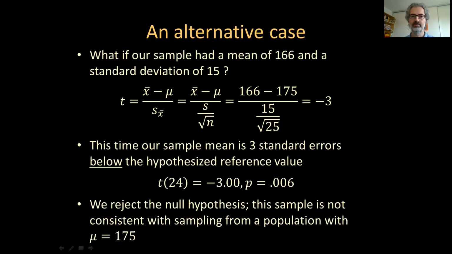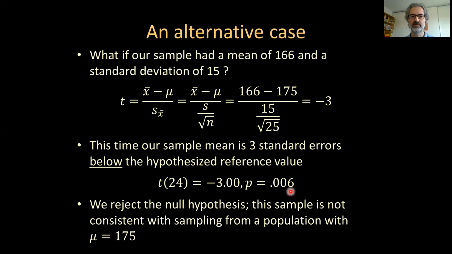This sample, a sample with a mean of 166 and a standard deviation of 15 with a sample size of 25, is not consistent with sampling from a population with mean equal to 175. This does not mean that it's impossible to get it from this population. Indeed, it is possible with a 6 in 1,000 probability.